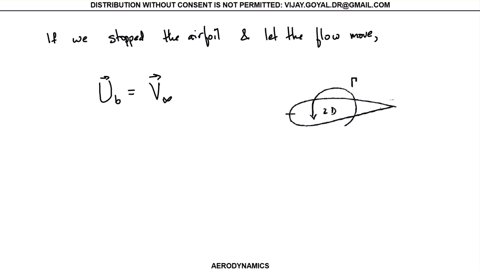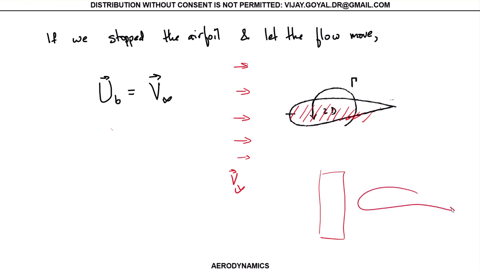Basically, just keep in mind what we are really trying to do. We are keeping the airfoil completely fixed, and we are letting the stream velocity move, so this would be V infinite. But remember, it's the same problem if I keep the air completely constant, not moving, and the only thing that's moving is your airfoil, at the velocity v.